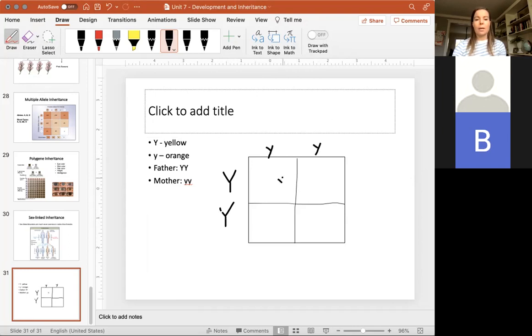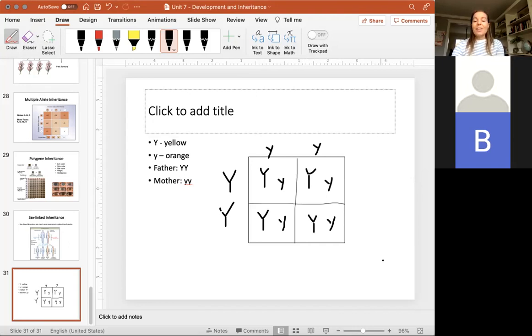Lowercase y, and then lowercase y. Now we bring the uppercase Y across. I always like to do the capital letter first. Sorry, these are not beautiful looking letters, but hard to draw using the cursor.